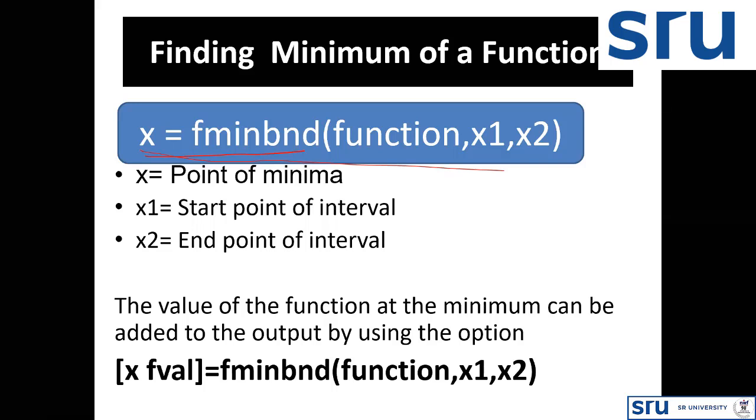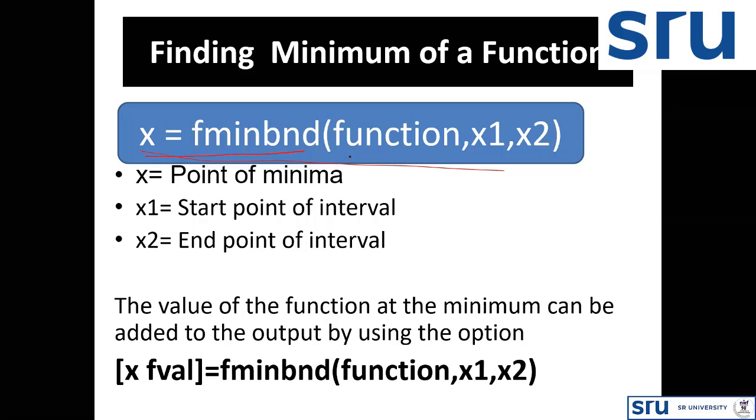I think you are done. Here I have written the command for the minimum value of a function, and then we will discuss how to find the maximum value. For the minimum value, you write x = fminbnd, which is the MATLAB command name, and then your function.